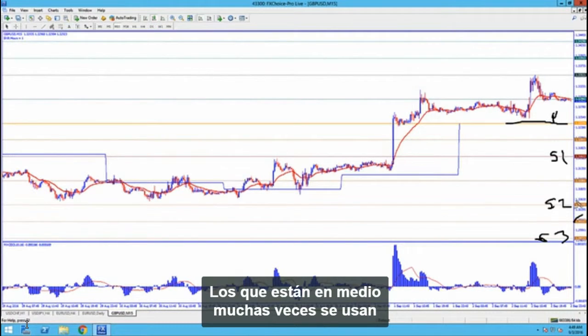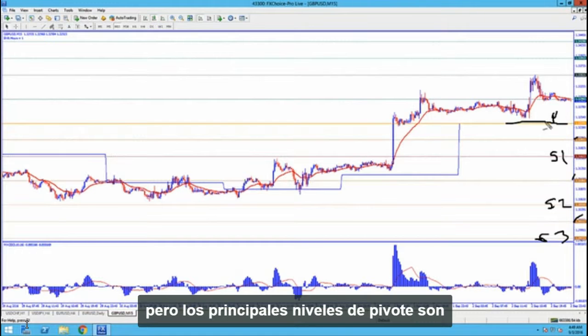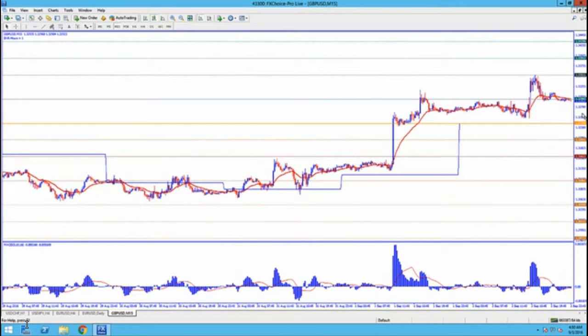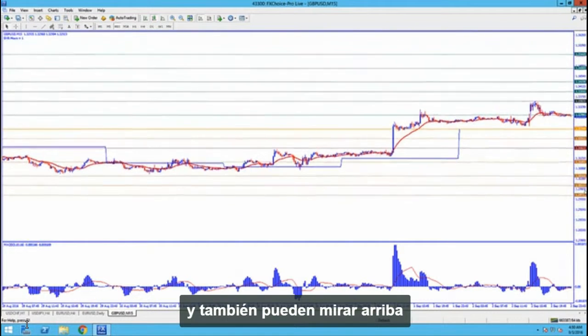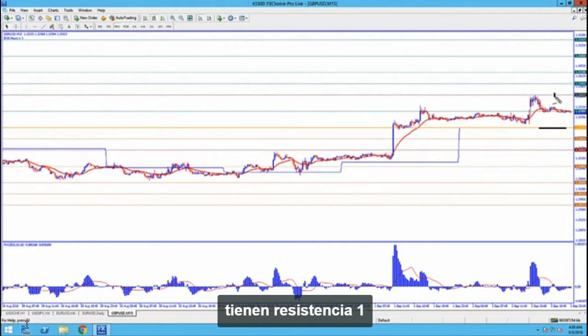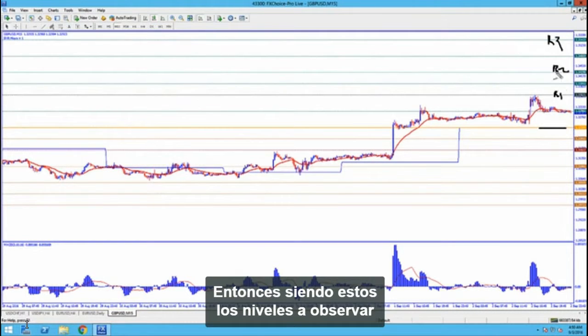The ones in the middle a lot of times are used also as support and resistance, but the main pivot levels are pivot, support 1, support 2, support 3, and also you can look above and you have resistance 1, resistance 2, and resistance 3. So these are the levels to watch for the next day.